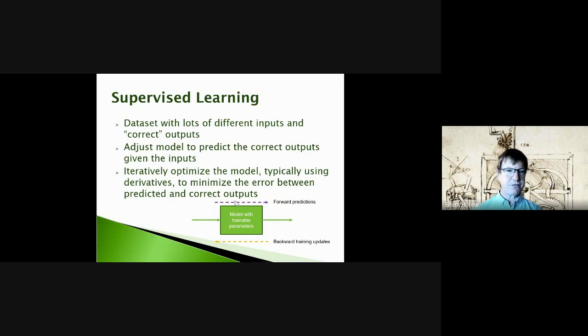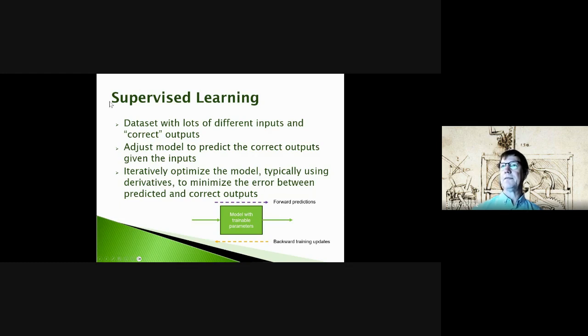And in some of these very large models, there's millions of these things, right? And so we need some sort of disciplined process to figure out how to optimize the changes in those parameters so that we converge upon a model that is accurate, minimizing the error between predicted and correct output.